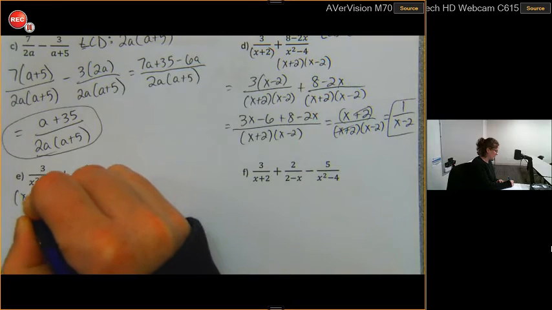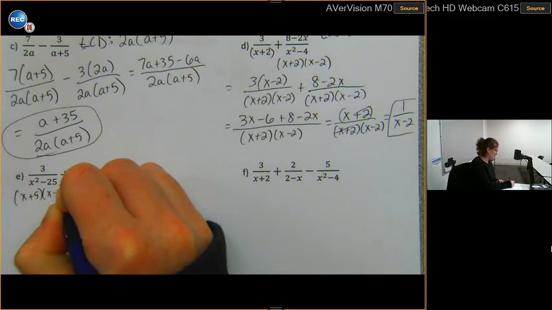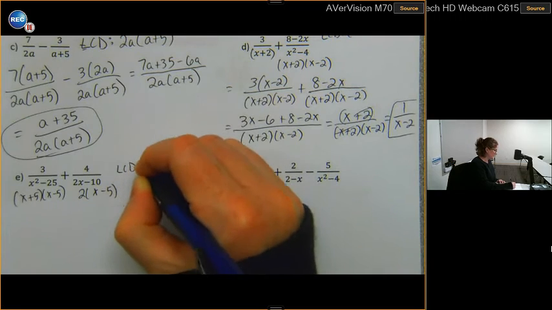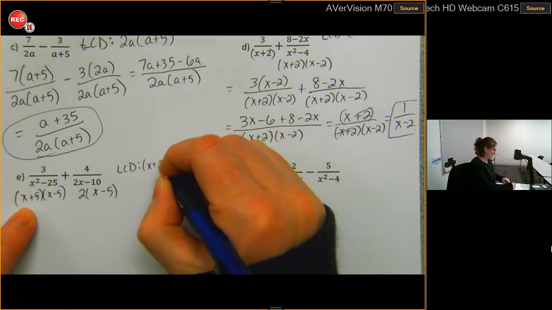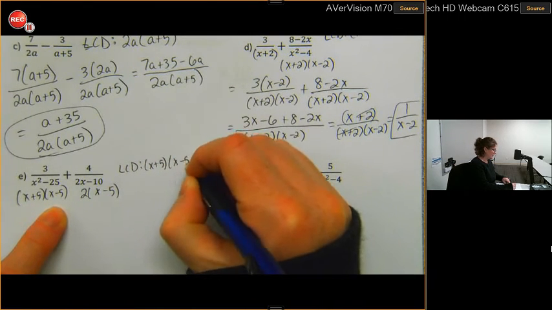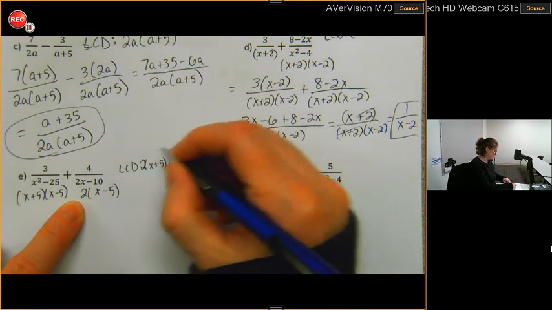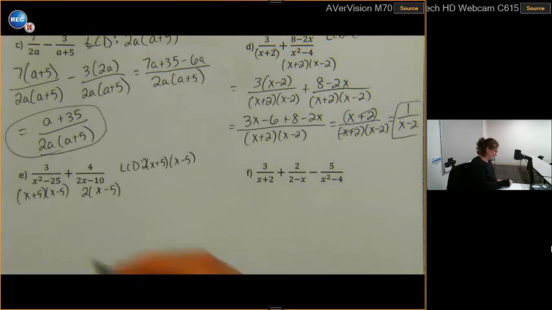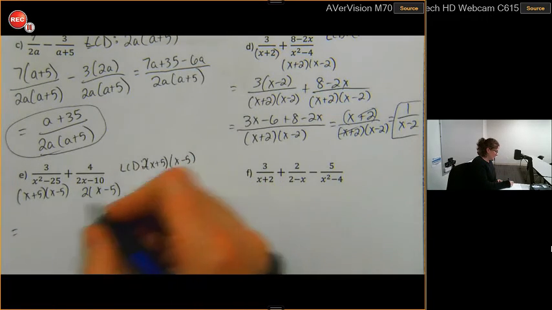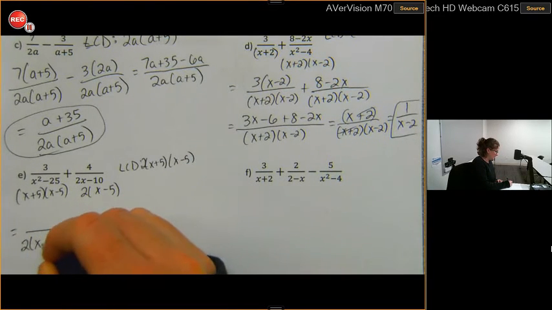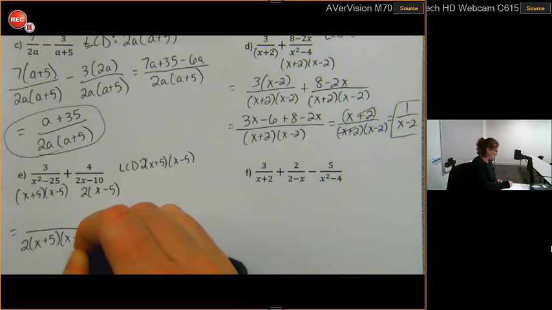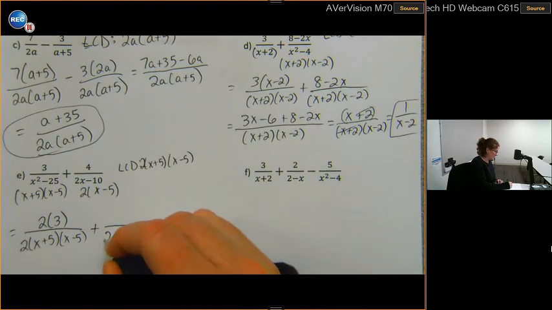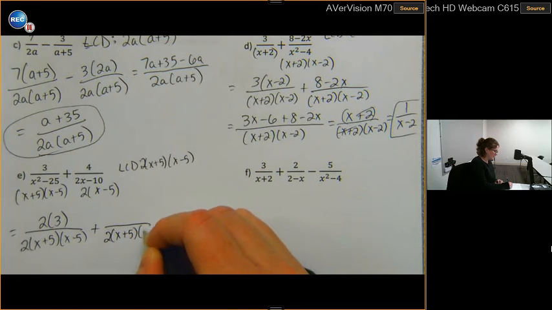Factor on letter E, the squares pattern, and a GCF. So the LCD, we have x plus 5, x minus 5, a 2 in the front. I already have the x minus 5, so I do not put it again. To get the LCD, my first fraction needs a 2. I'm going to put a 2 times the 3. My second fraction needs an x plus 5.